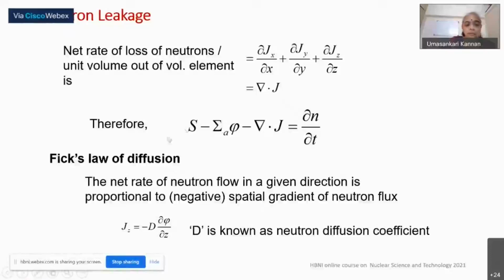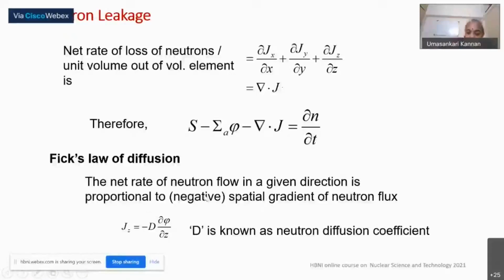Therefore, we can formulate the equation as S minus sigma A into phi minus divergence of J is equal to dN by dt, or the rate of change of neutron density. We have already introduced to you Fick's law of diffusion, where we have calculated the neutron current density.